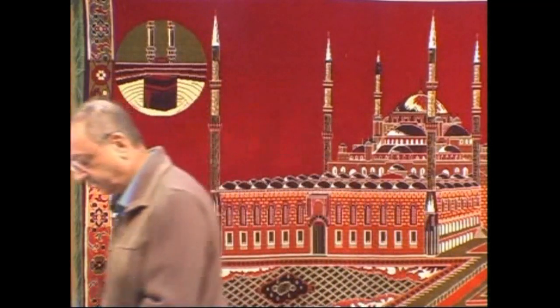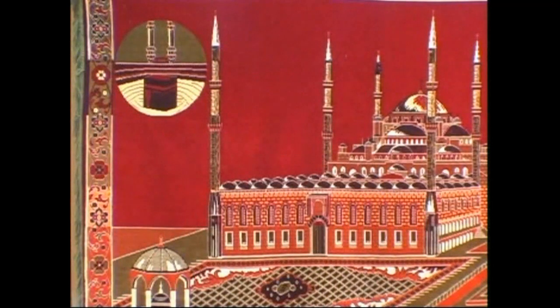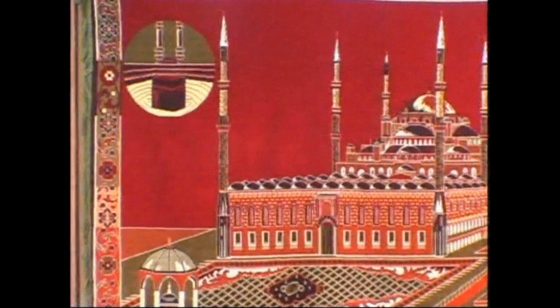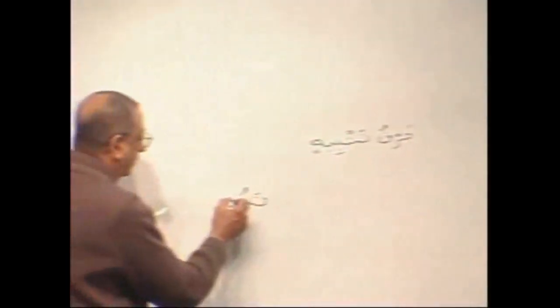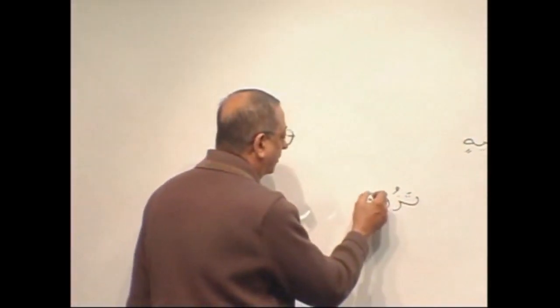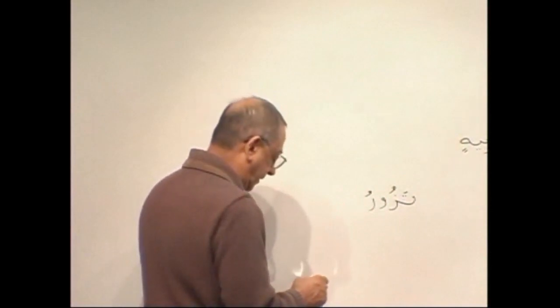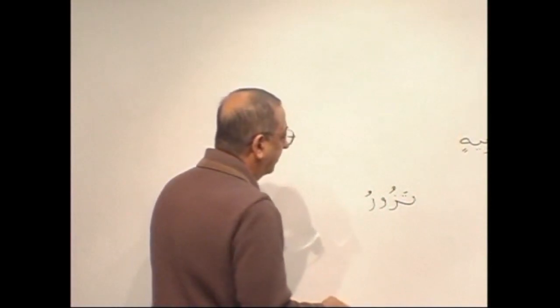Brother Hassan, tazuru. How will you make it? Majzum, la tazur. What will you say? La tazur. Do you know how it happened? I will write it, brother. Be careful, brother. Ta zu ru. Okay? Now I put la here, brother.